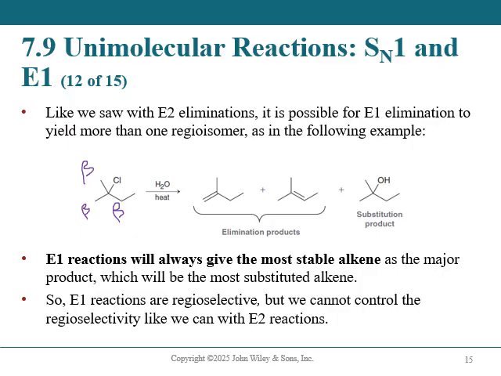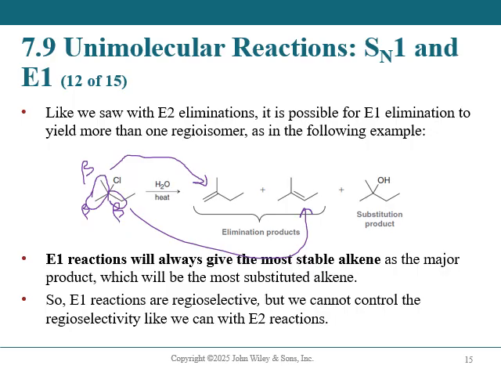So you may get an elimination where it happens here, or you get one where it happens in either of these, which are equivalent. When the elimination happens through here, you get this product, and when it happens through here, you get this product. And then you get a little bit of the substitution product.